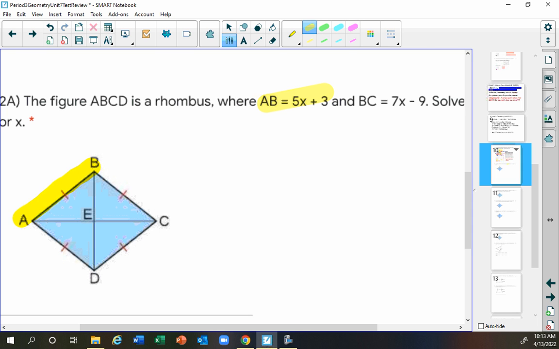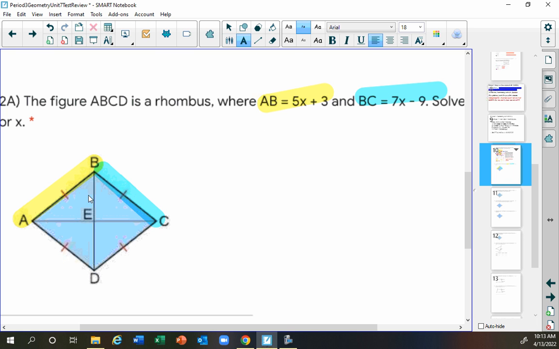There's AB. And then they said BC, 7x minus 9. Well, what do we know about the relationship between the two sides? They are single line, single line. That means these two sides are both what? Begins with a C. Congruent.